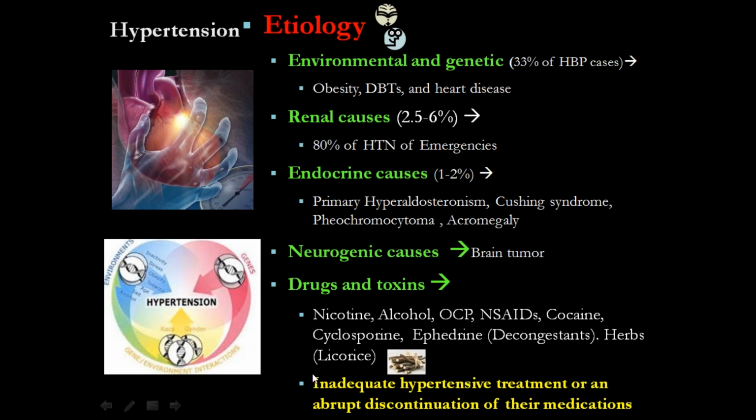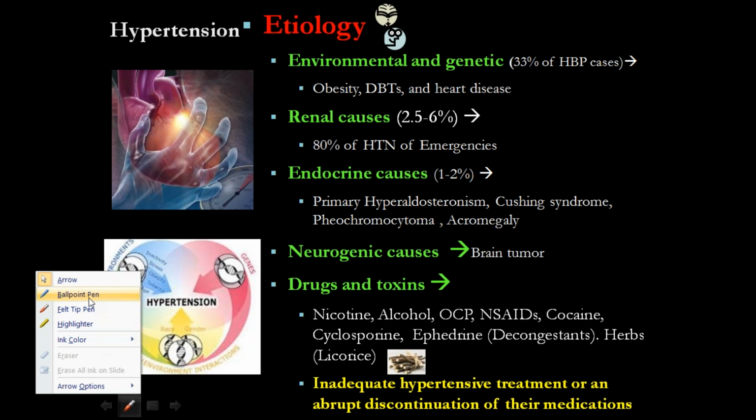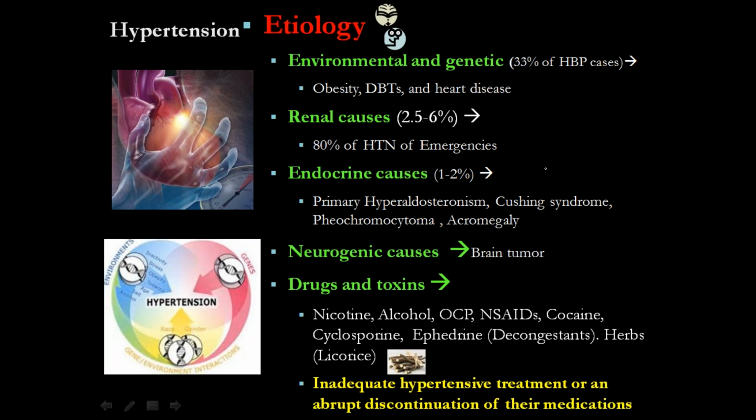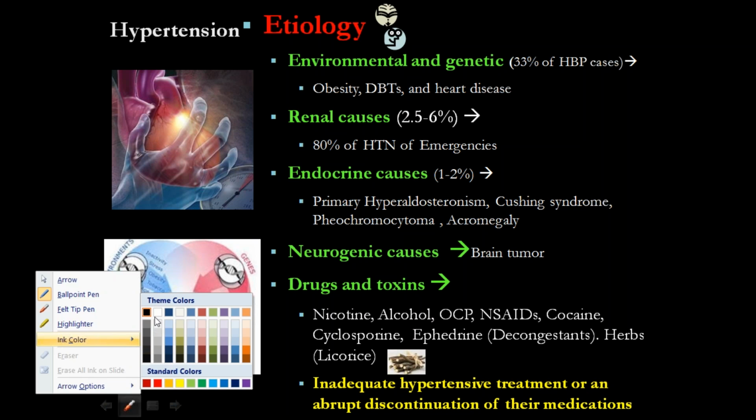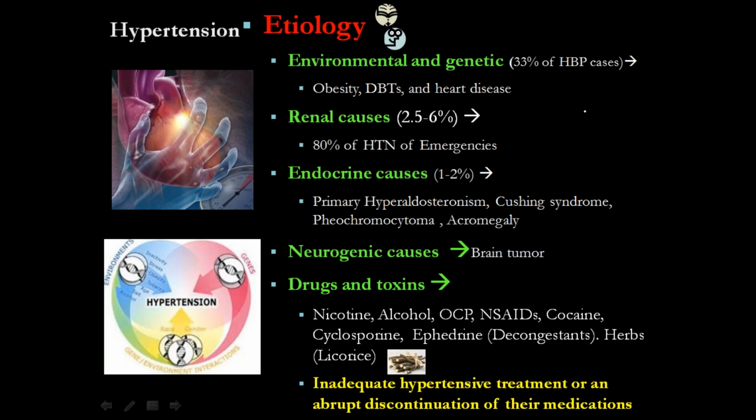And for a diabetic patient, you need to keep the blood pressure lower. Okay, for a diabetic patient, your goal with antihypertensives is less than 130 over 80.